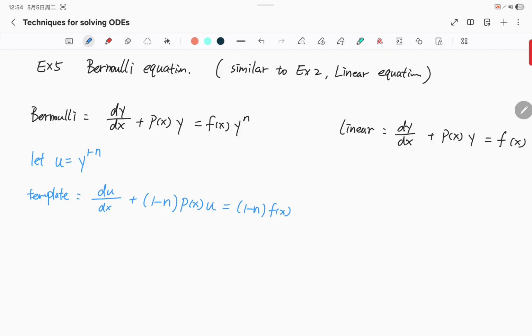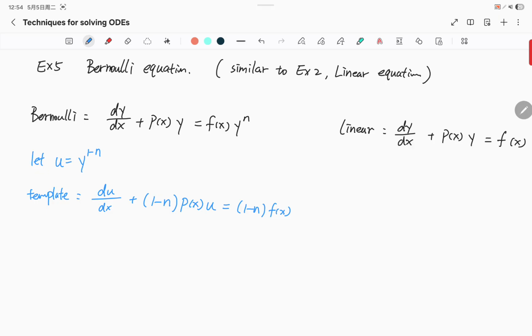Okay, the last example that we're going to do in part 1, first order ODE, is called the Bernoulli equation. Its form looks very similar to the second method we did, the linear equation.